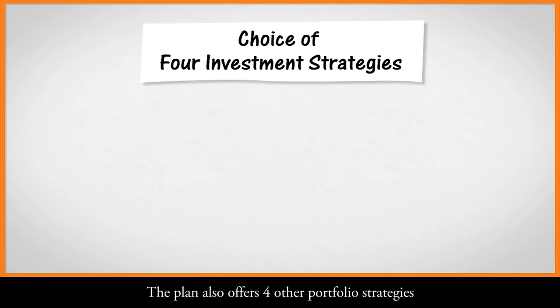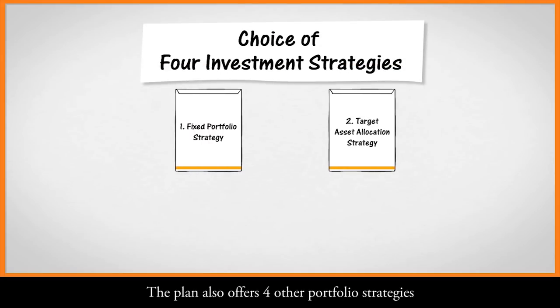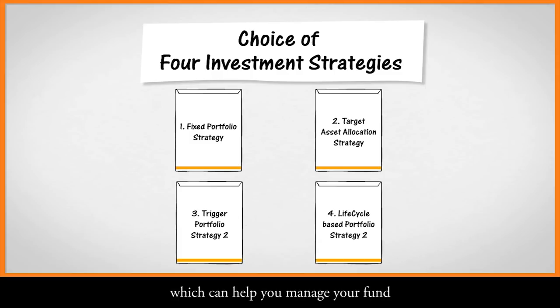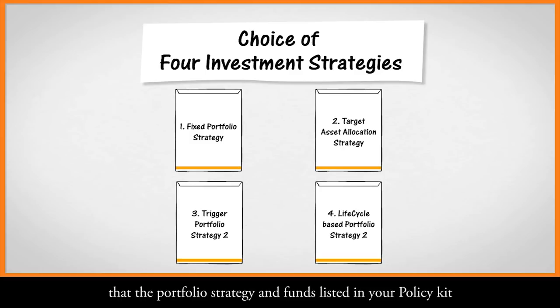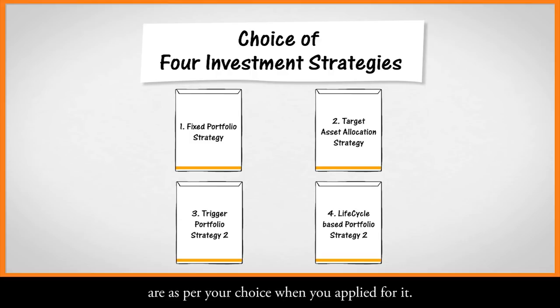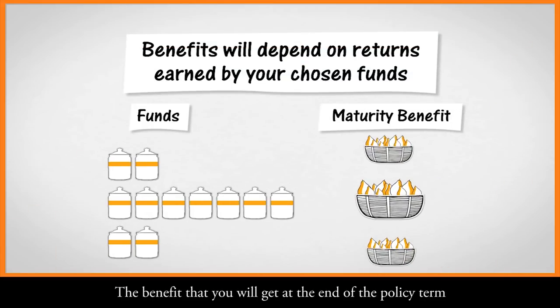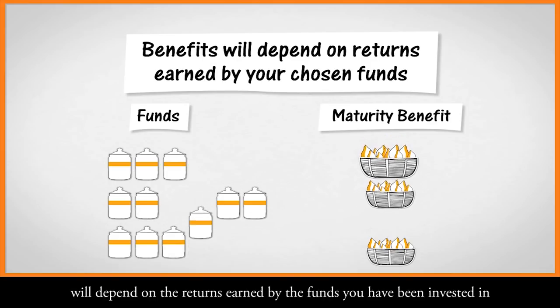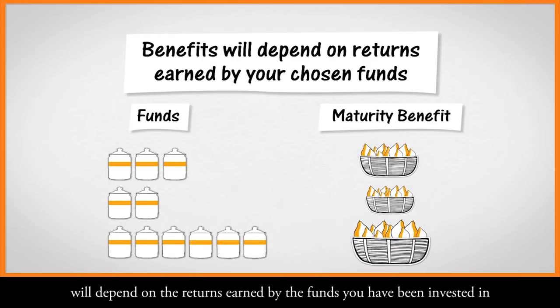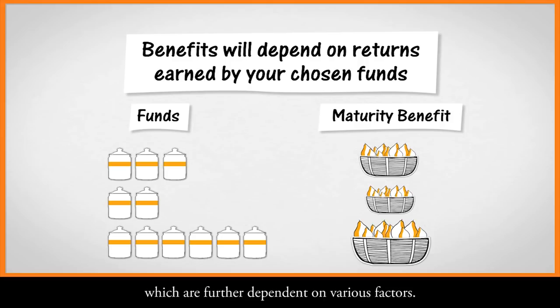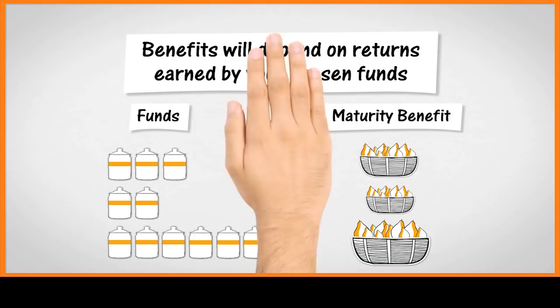The plan also offers 4 other portfolio strategies, which can help you manage your fund as per your investment style. Do make sure that the portfolio strategy and funds listed in your policy kit are as per your choice when you applied for it. The benefit that you will get at the end of the policy term will depend on the returns earned by the funds you have been invested in, which are further dependent on various factors.